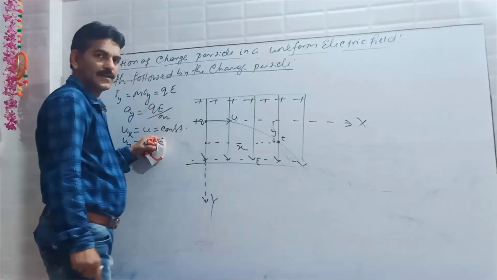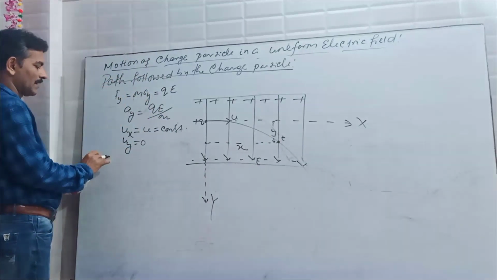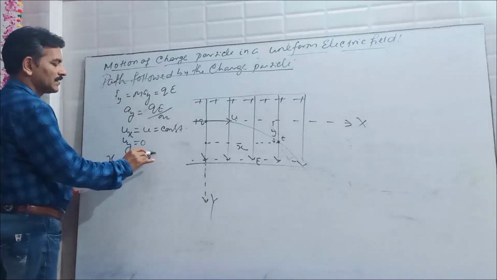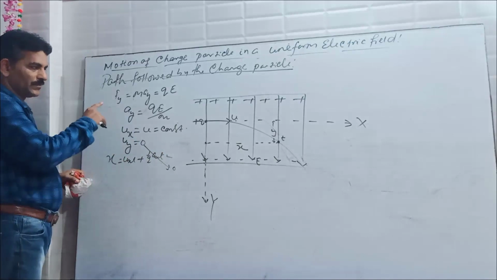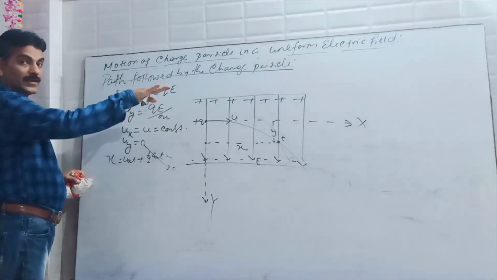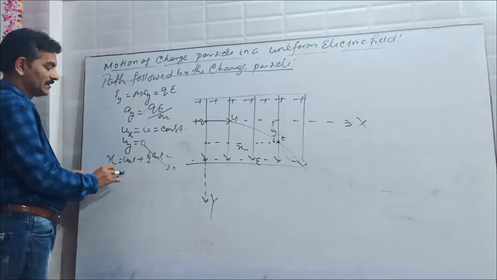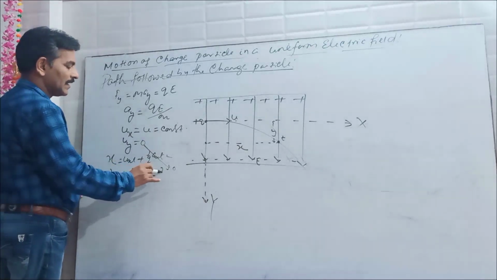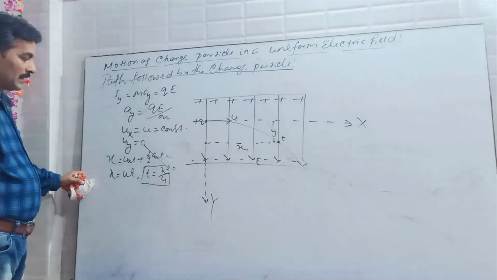Along the x direction, it is x. Then how can you find out x? x is ux t plus half ax t square. ax is 0 because ux is constant, so there is no acceleration along the x-axis. There is acceleration along the y-axis. So x equals ut, and t will be x by u.